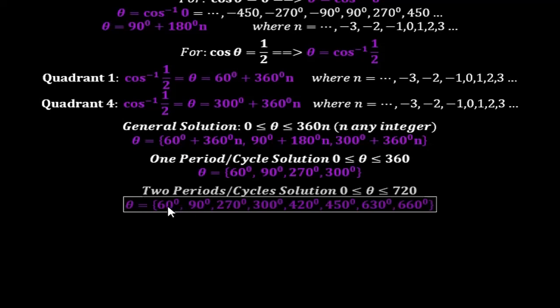The first four, 60, 90, 270 and 300, are the first cycle or one period, and 420, 450, 630 and 660 are the second period.